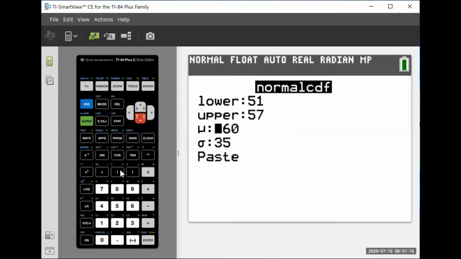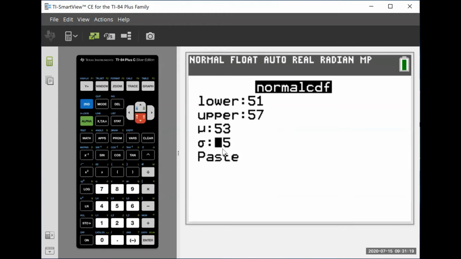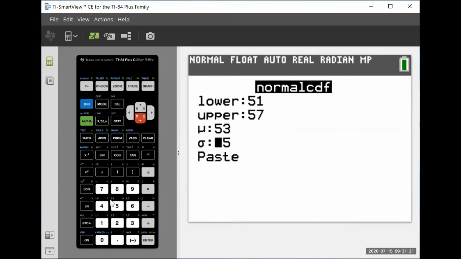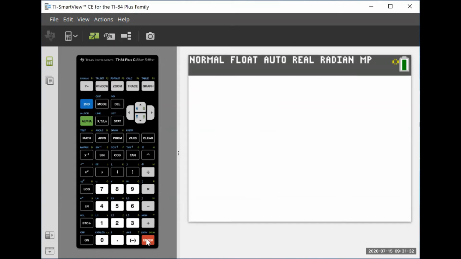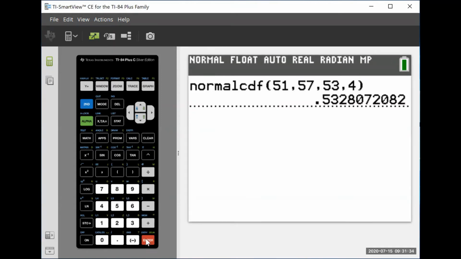The mean is 53. And the standard deviation is 4. Now paste this information in the main screen so that it will look similar to what we have written down. Now hit enter. And we got the result. If you write up to 4 decimal places, it should be 0.5328.